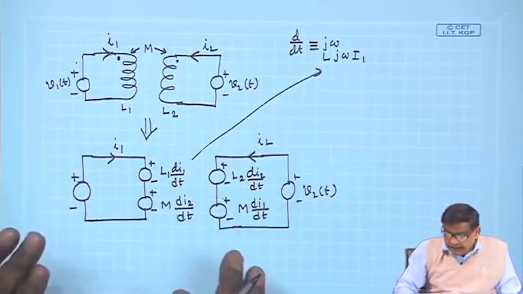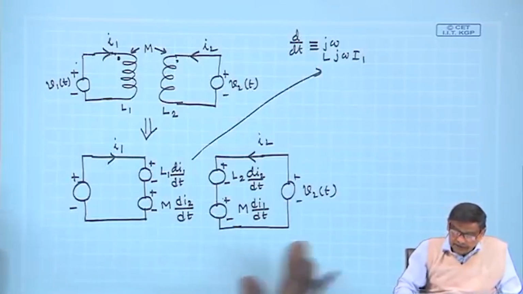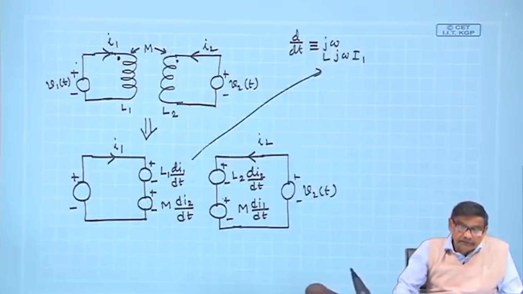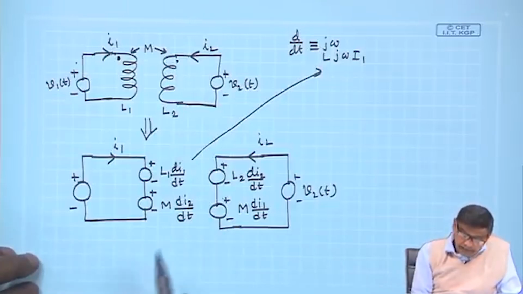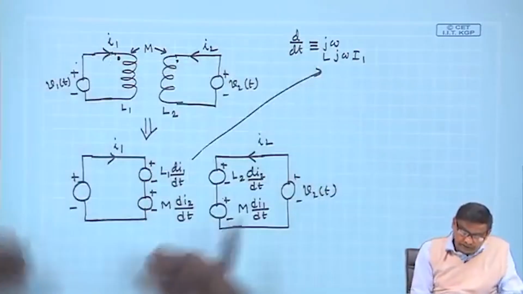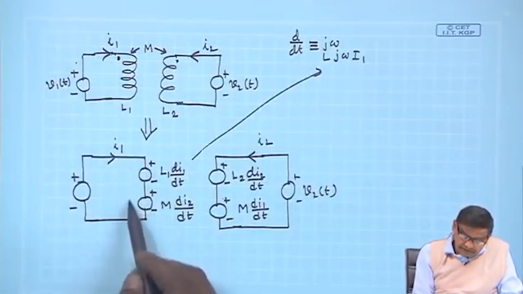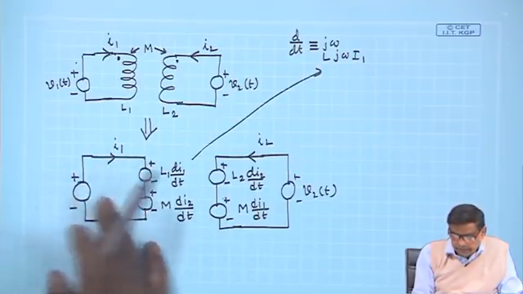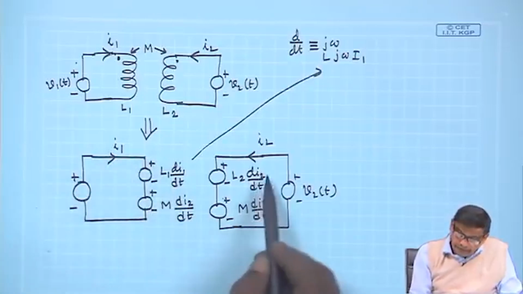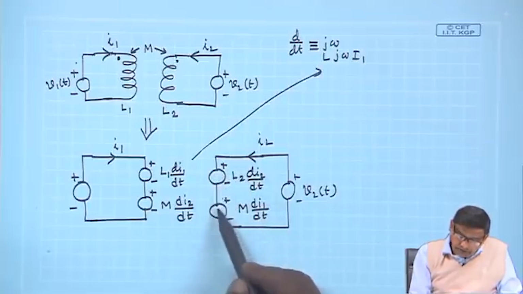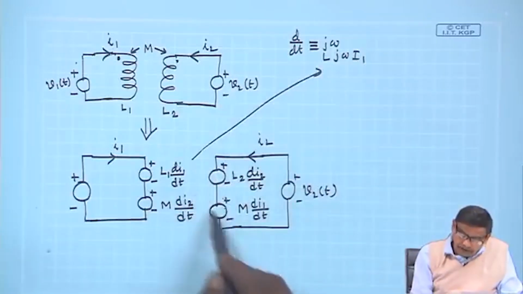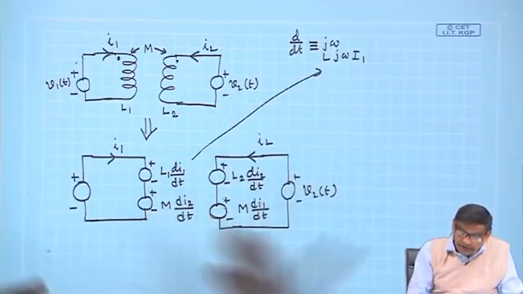So, once this is correctly drawn, then calculations of instantaneous power and from that energy becomes very simple. Why? See, there are now 2 sources, and so far as this part is concerned, current is entering through the positive here, power is absorbed, and about these 2 sources also power is being absorbed. Sources means they are inductances, coupled inductances.